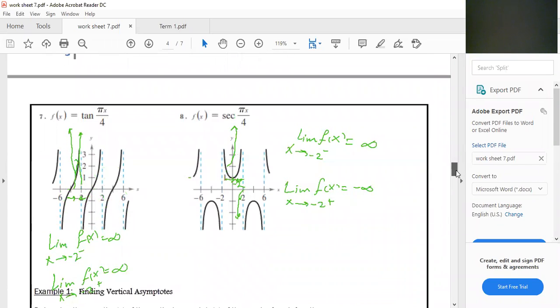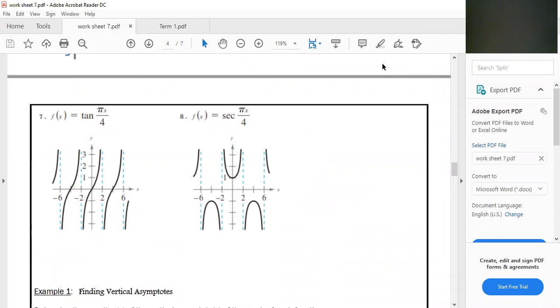I have to clear first. In the same way, I answer the same question. Find the limit of f of x when x approaches negative 2 from the left, and the limit of f of x when x approaches negative 2 from the right. From the left, f of x goes to what?